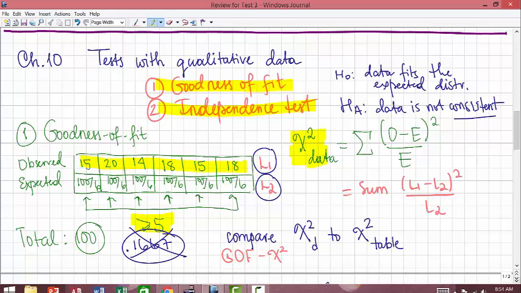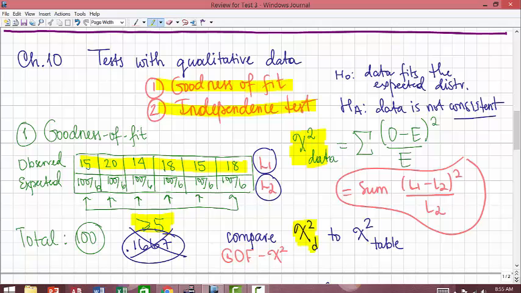Chi-square of the data is found by summing observed minus expected squared divided by expected. Or, on your calculator, you would have to do this one right here. You would have to sum up L1 minus L2 squared divided by L2. Okay? That will produce chi-square of the data. That's what we call it.